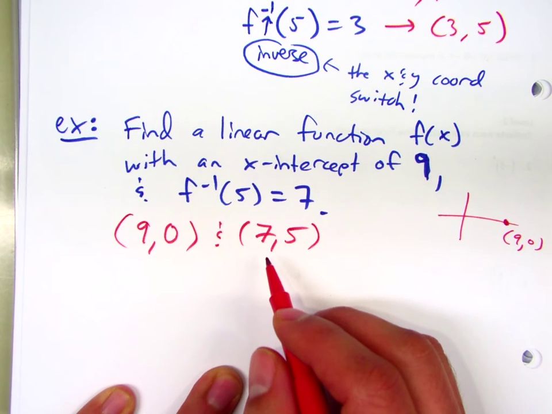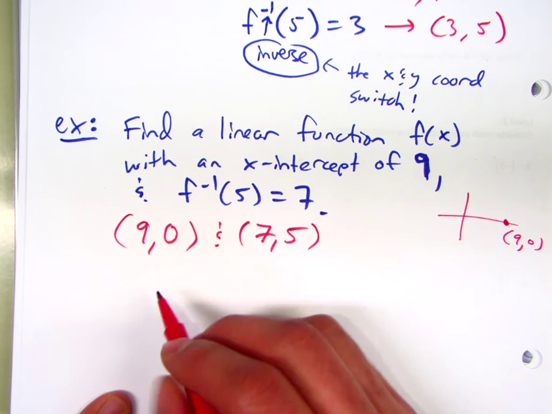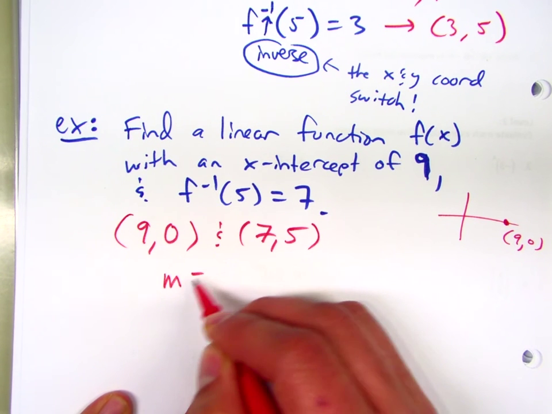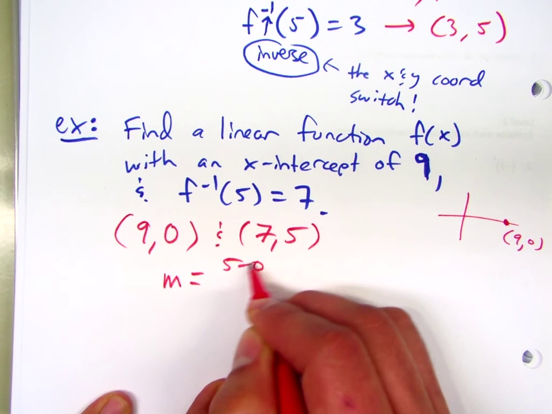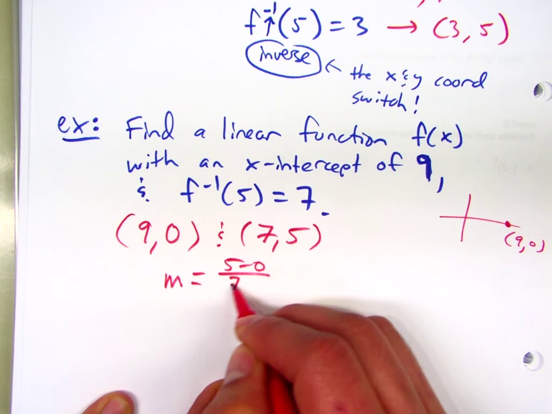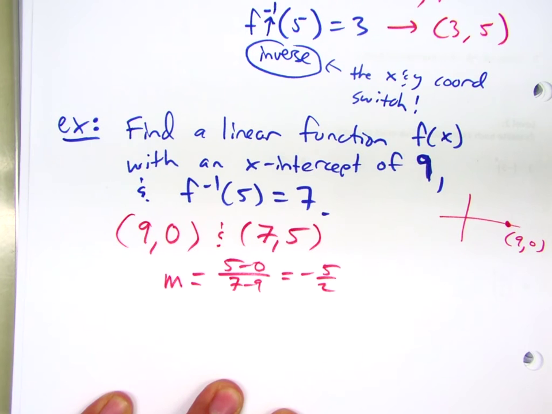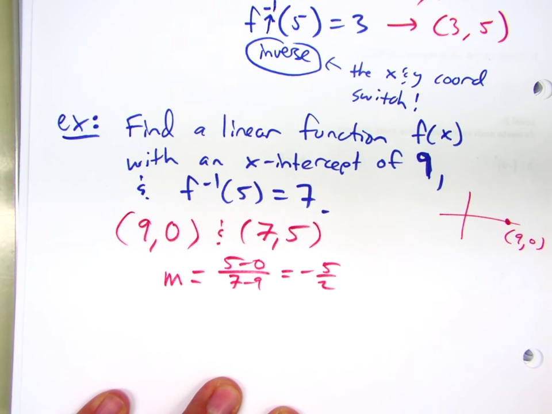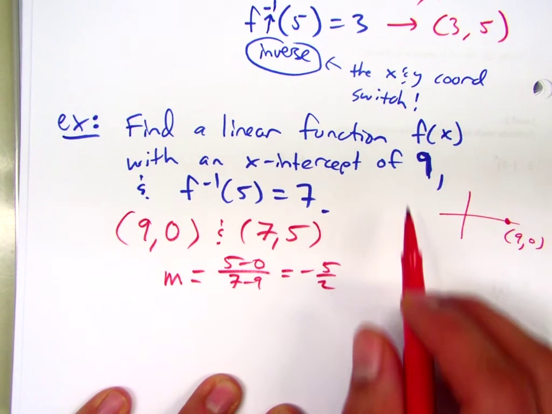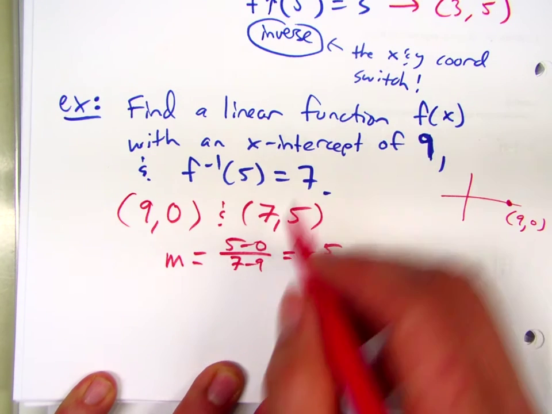And just like any other linear function, how do I get started? Find the slope, so maybe 5 minus 0 over 7 minus 9, so that's negative 5 over 2. Okay. Now we're looking for the function. I can't really go straight to slope-intercept form, but I could use point-slope.